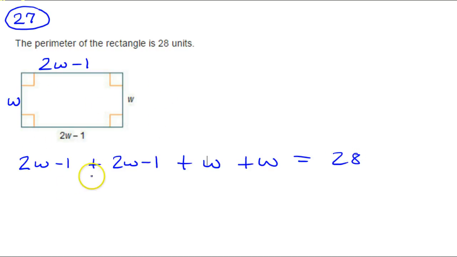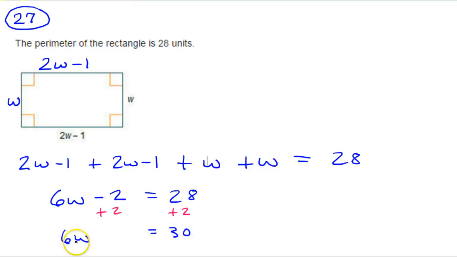Alright, I'm just adding up all 4 sides. But look at your like terms. 2 plus 2 is 4W, 5, 6. So I've got 6W. And then I've got negative 1 and another negative 1 make negative 2. So 6W minus 2 is equal to 28.